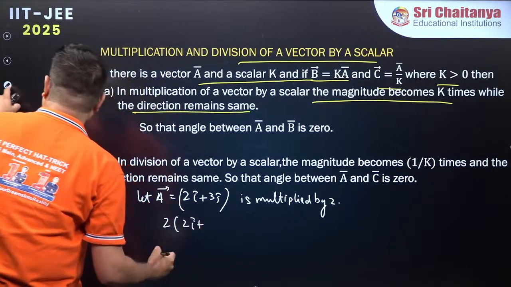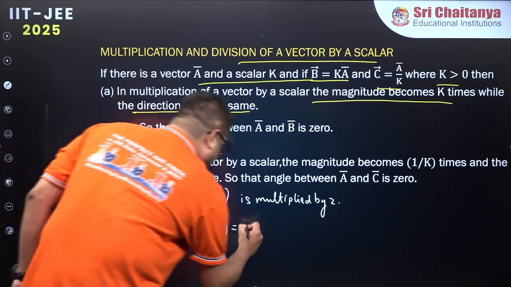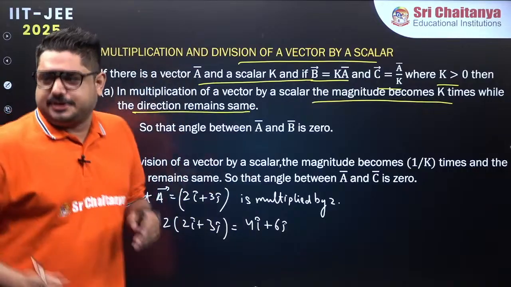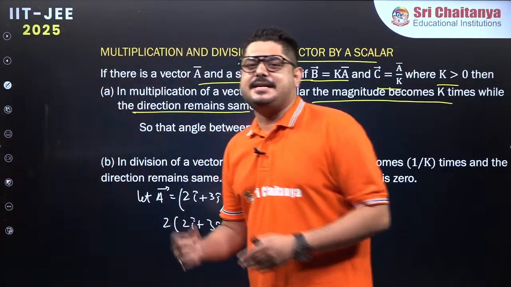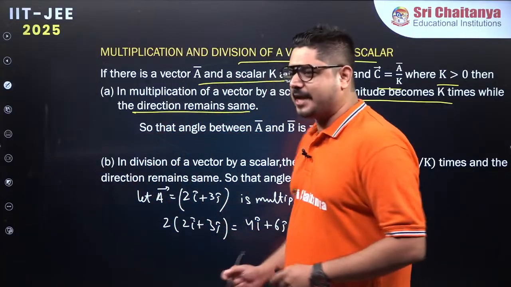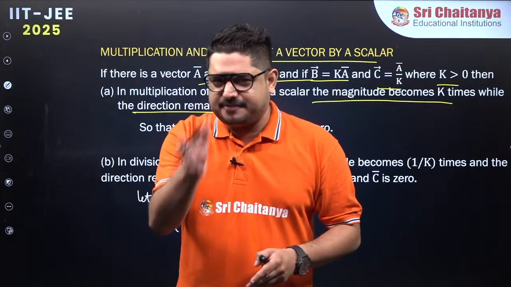That's the operation we have to perform. As a result, I will be getting 4i cap plus 6j cap. So we can easily multiply the scalar with the vector. This is what the multiplication of a scalar with a vector is referred to as.